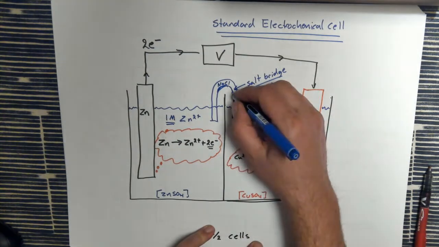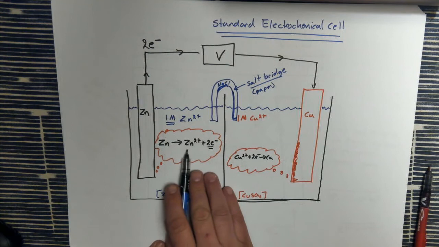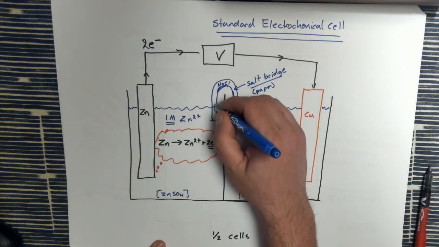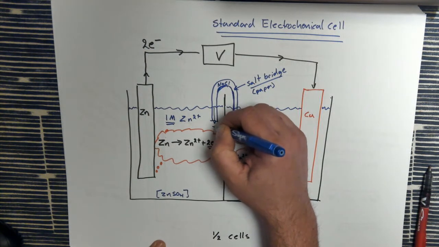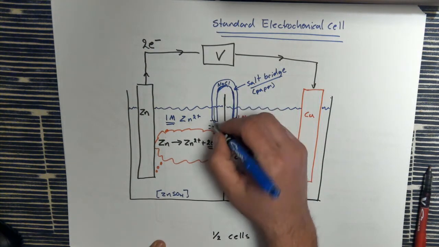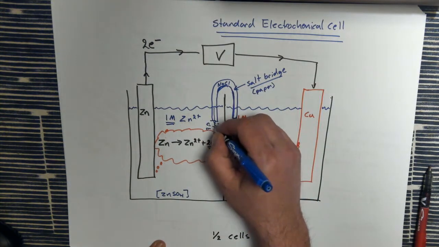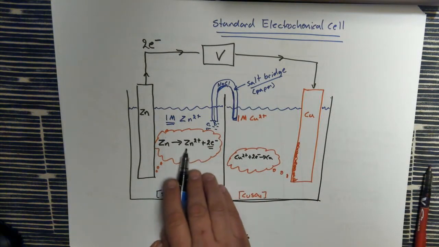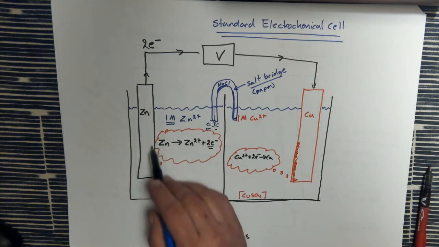Now what happens is if this is becoming more and more positive, then ions from the salt bridge move in to equalize that charge. So ions, and in this case it's going to be Cl minus ions, move into here to balance out the charge difference due to the oxidation of zinc.